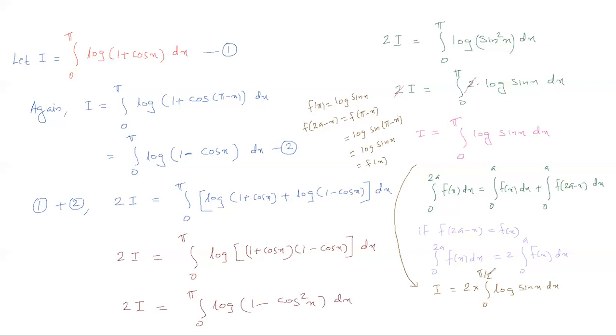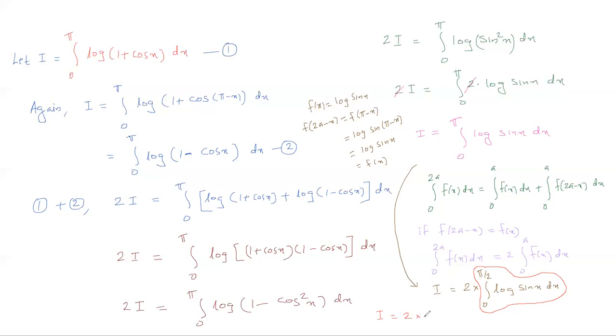Now this portion you have to find the value of separately. 0 to pi by 2 log sin x dx. This you have to find separately. But we had already done this some time earlier. So that's why I'm not doing it again here. But in exam, if it comes like this, you have to do it.